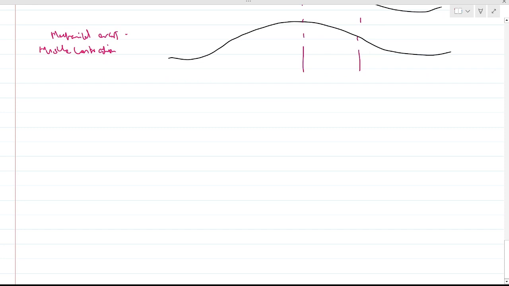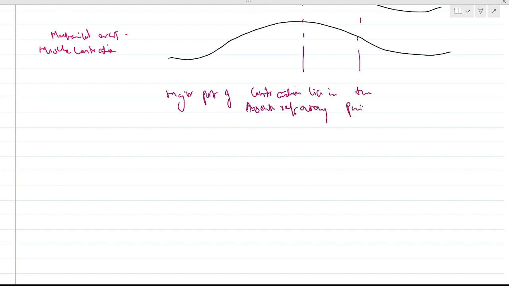The major part of contraction lies in the absolute refractory period. And we know in the absolute refractory period, however strong a second stimulus is given, an action potential will not be generated.